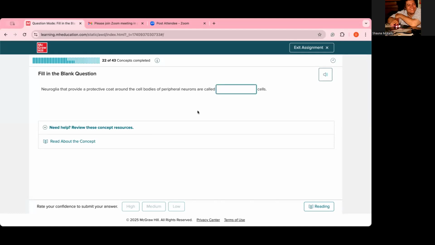Capital S, because it's somebody's name. Schwann cells.